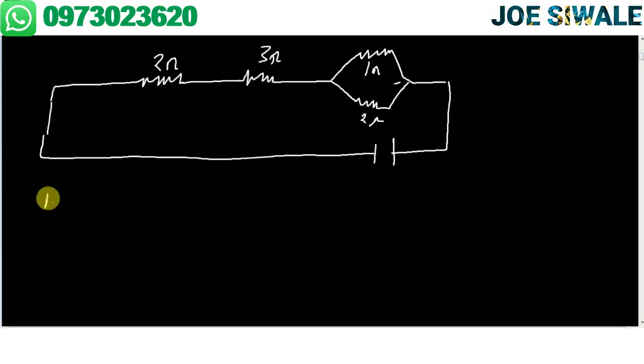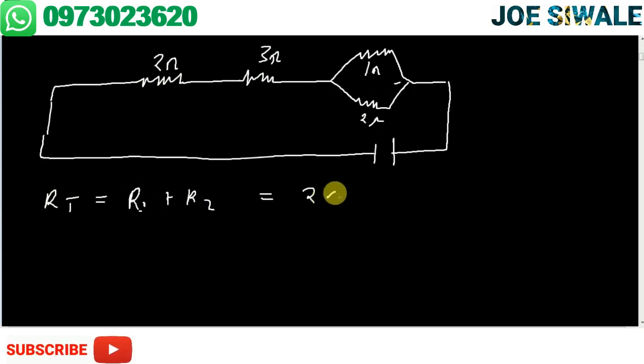And in series, we know that you get your total resistance by saying R1 plus R2. So this is going to be 2 ohms plus 3 ohms, and that's 5 ohms. And since we know that this is in what?